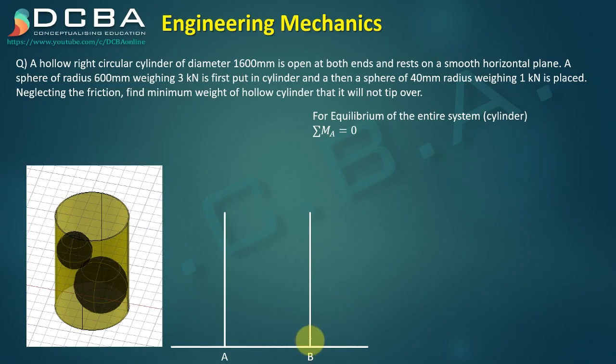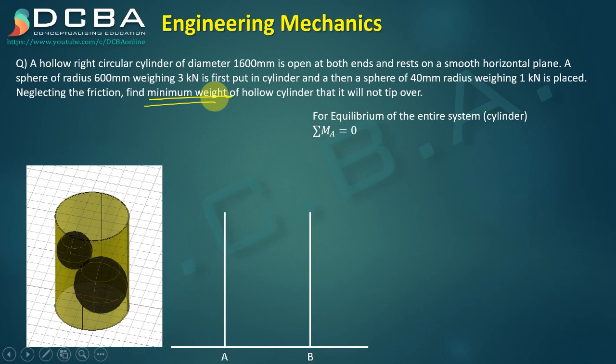So when it just starts tilting, this point will lift from the ground and there will not be any reaction at that point. Okay, so that is the case where we can find the minimum weight required of the cylinder, which will prevent the tipping over of the cylinder. Okay, so now we understand what we have to do.